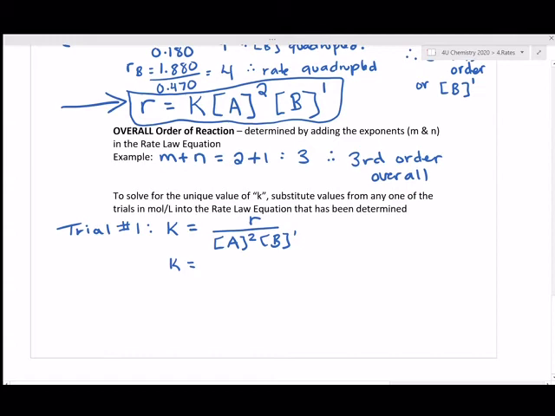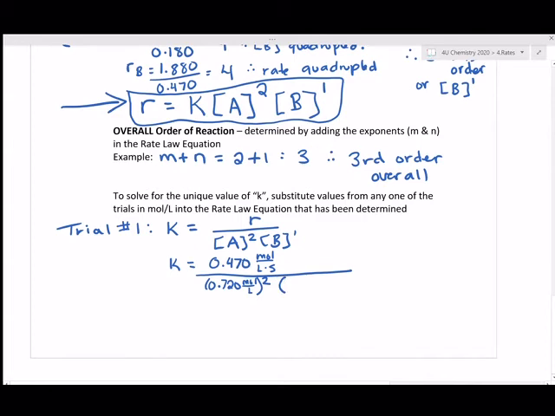So the rate in trial 1 is 0.470, and I am going to put units now because I want to show you what happens with the units because some weird stuff goes on. Okay, and then we're going to have 0.720 moles per liter, and that is going to be squared.